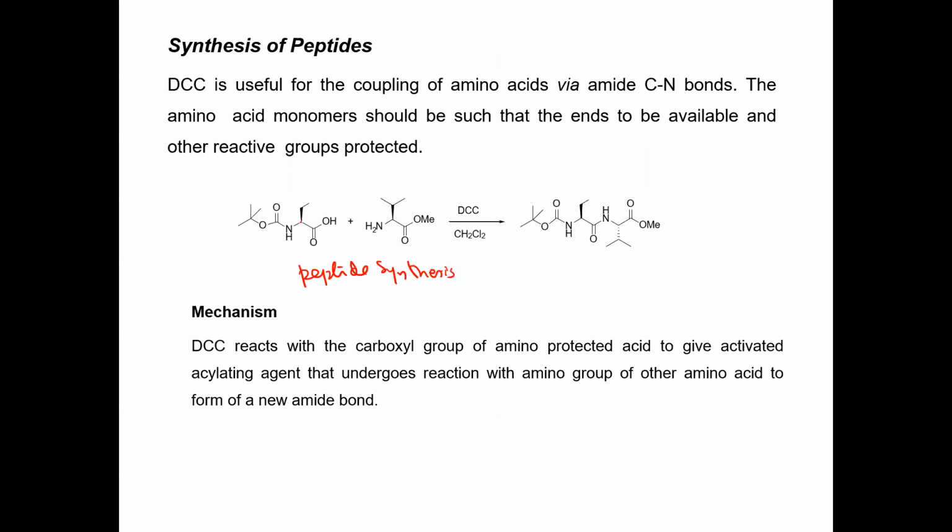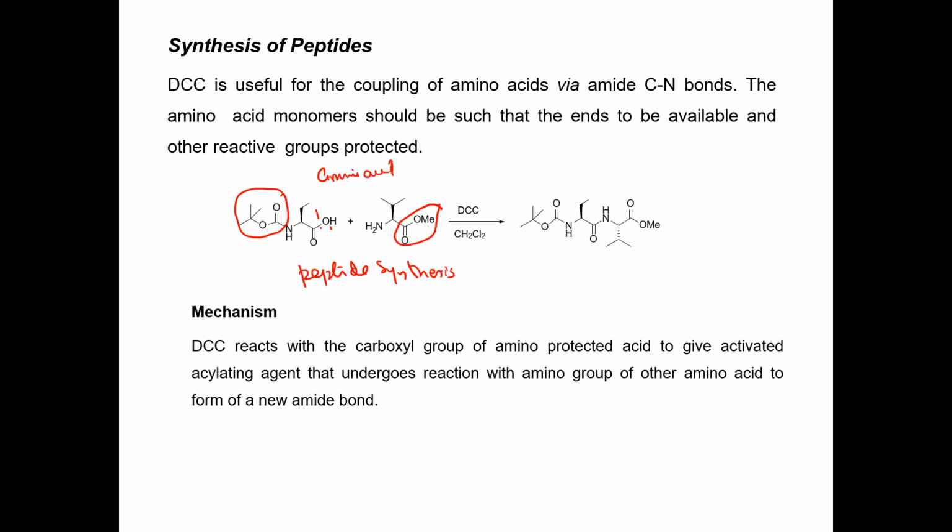So this is an amino acid. The amino group is protected by some group. In this compound, the acid is protected as an ester. So we have a free acid here and a free amino group here. This is an amino acid. You can see they can combine together.